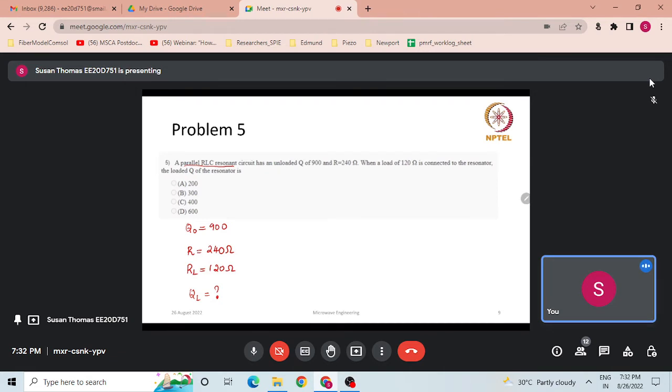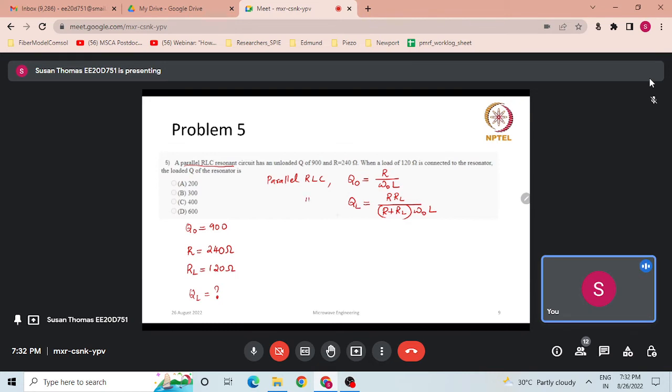First of all, you need to write the expression for a parallel RLC. Unloaded Q factor is R by omega naught L. Now, in case of a parallel RLC, suppose a load RL is being added, then the loaded Q factor is R into RL by R plus RL, into omega naught L. So this is the loaded Q factor.